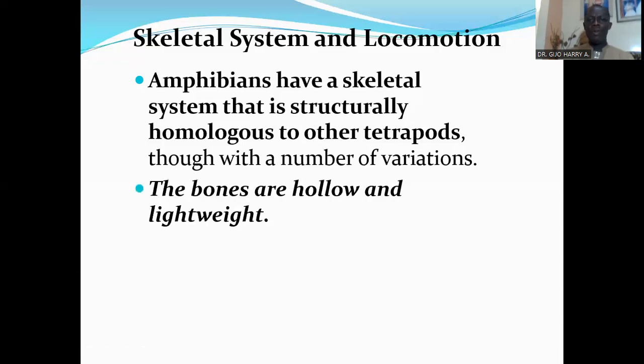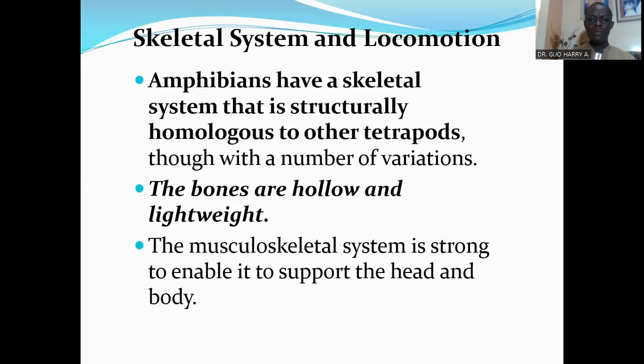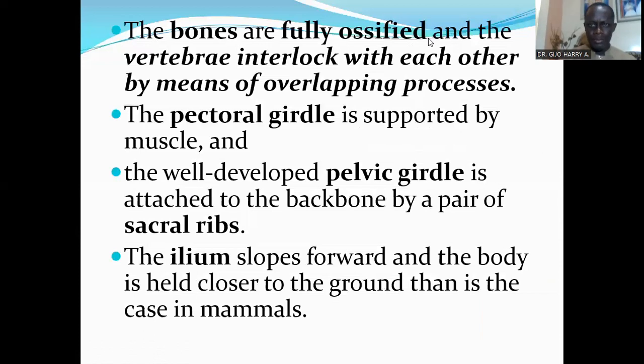The bones of the skeleton of amphibians are hollow and lightweight. They're not as heavy as those of reptiles and birds. The musculoskeletal system is strong to enable it to support the head and the body of the amphibians. The bones are fully ossified, made strong, and the vertebrae interlock with each other by means of overlapping processes.